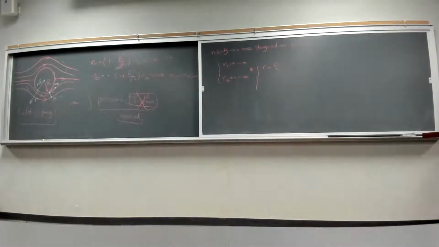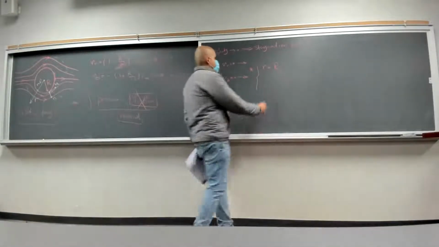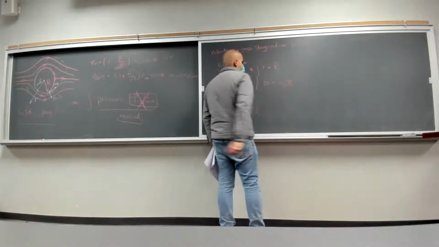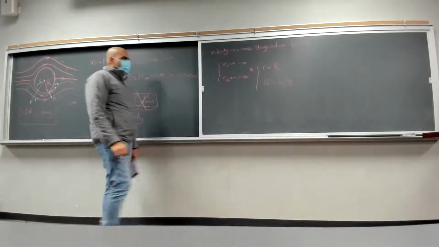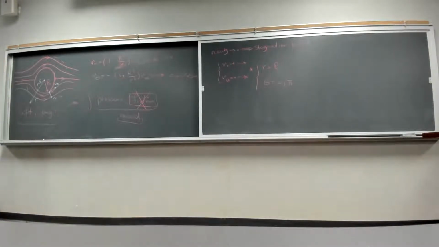But at which point is V theta going to be 0? Exactly, where sine of theta is 0, which means that your theta is going to be 0 and pi. So there are 2 stagnation points in this type of flow.